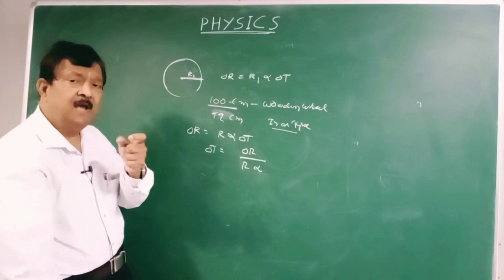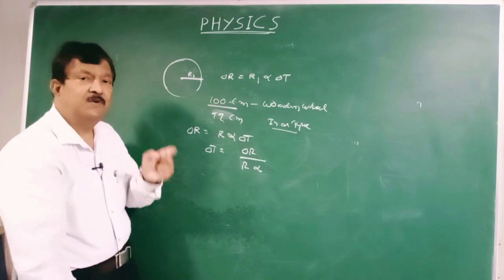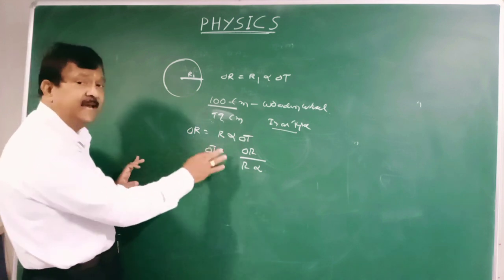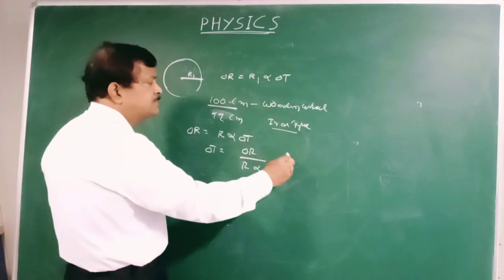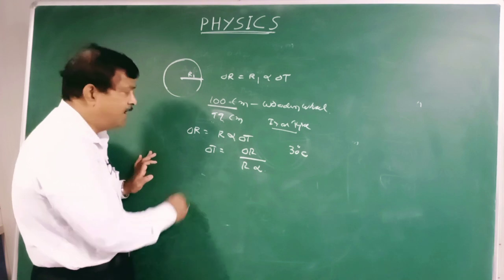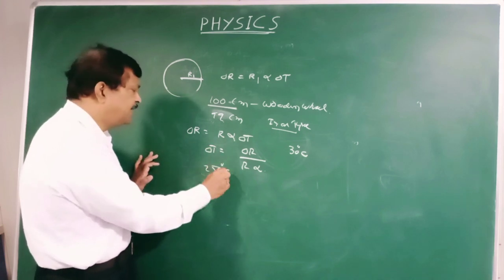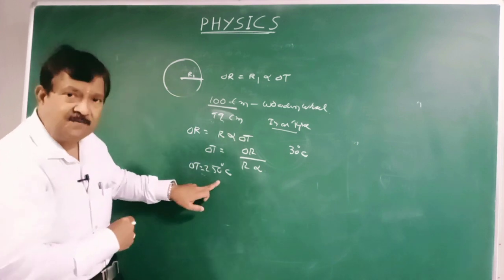But sometimes we may miss an answer if we do not read the problem carefully. Because sometimes what it says is, initially the iron tire is present at the room temperature of 30 degrees centigrade. And when you substitute here, we got 250 degrees centigrade as the change in temperature. But remember, 250 is not our answer.